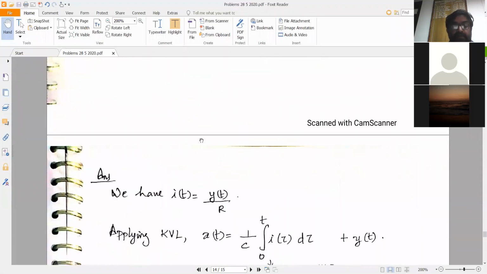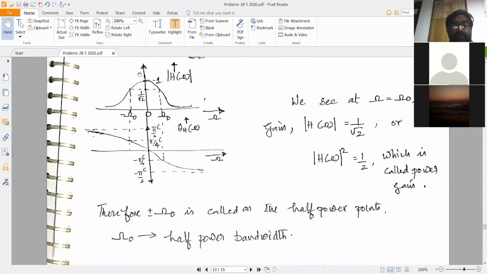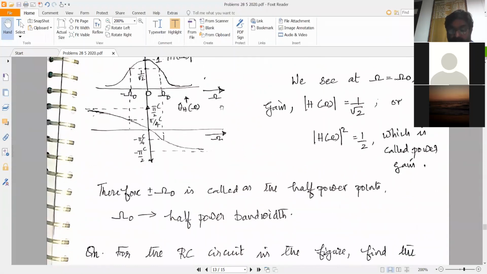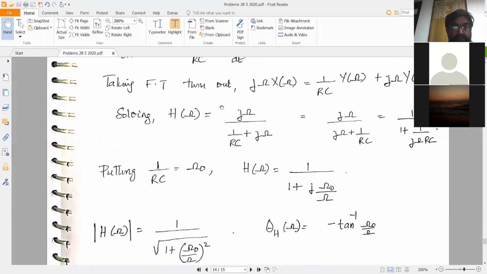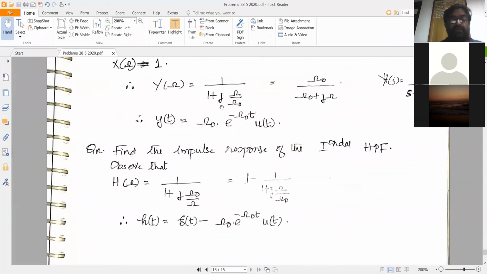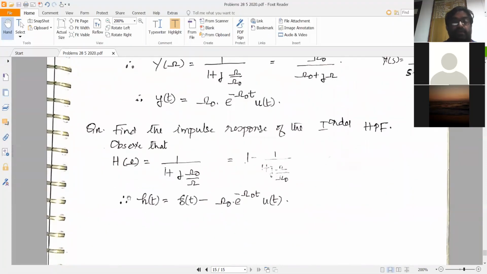So you see that if you subtract from 1 this frequency response, assuming 0 phase, of course, you can write h of omega for the high pass filter as equal to 1 minus h of omega for the low pass filter. Okay, so that also can be proved otherwise.